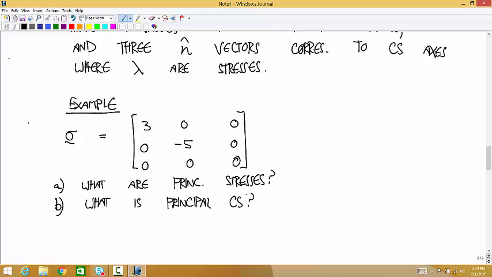All the stresses are normal stresses. Okay? We're looking for that coordinate system, and then we're trying to figure out what those stresses are that are only normal stresses. Well, this one's already done for us, right? Because this only has normal stresses. So when we do this eigenvalue, eigenvector problem, we should get a 3 and a negative 5 and a 0. And it should tell us that the coordinate system axes are our original ones.